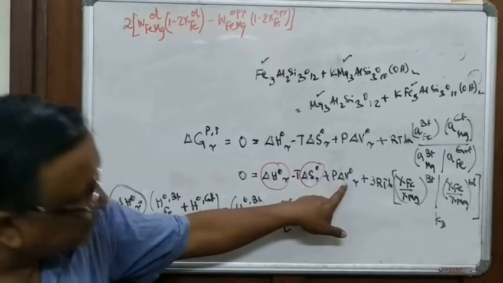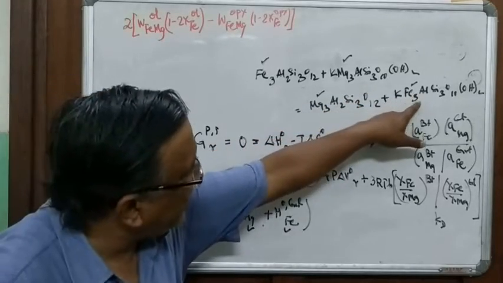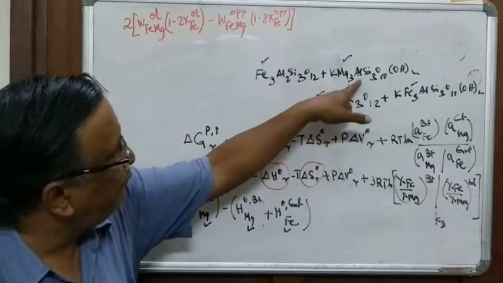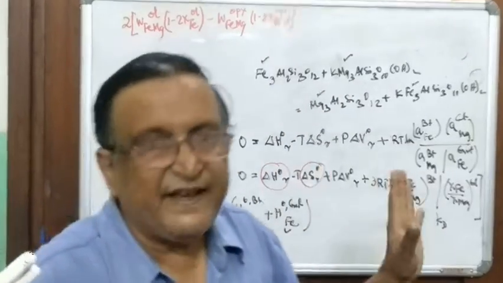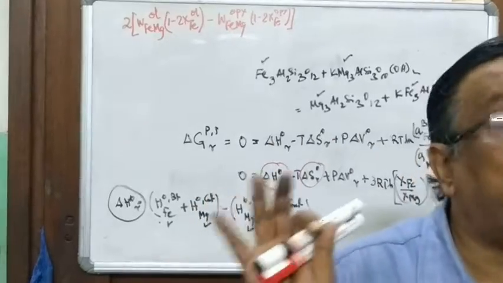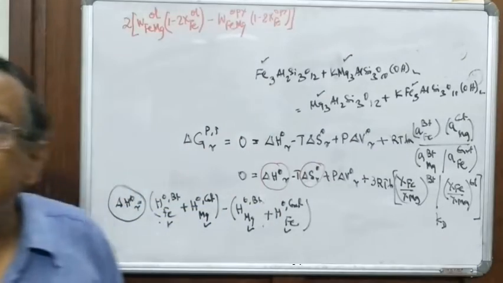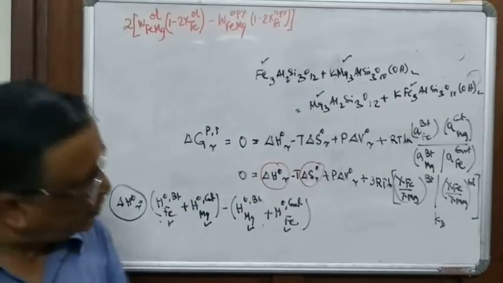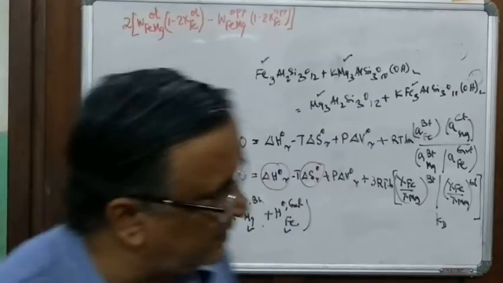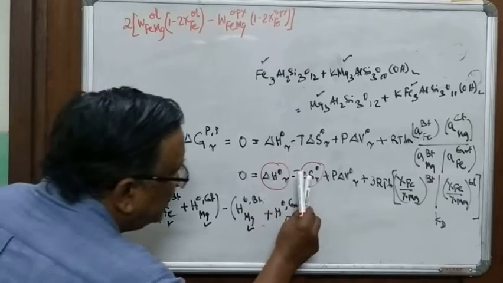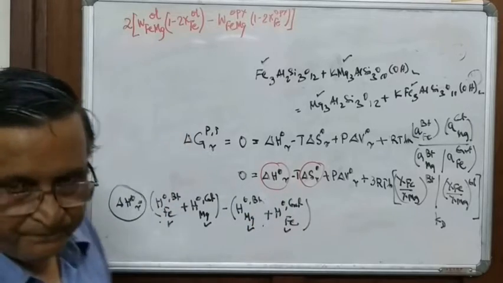But the volumes of annite, pyrope, phlogopite and almandine were known. They were given in centimeter cube, molar volume. Those were determined and available. Mostly all are available, but the problem was these two were not available.